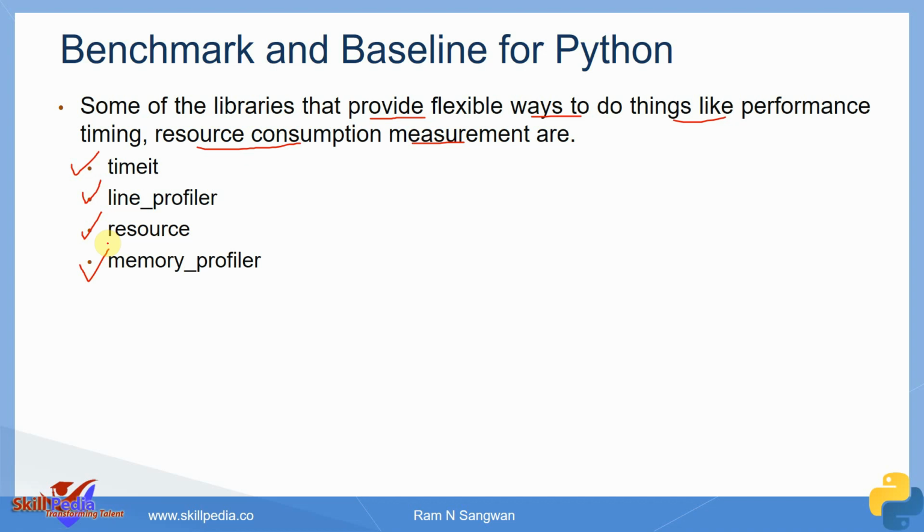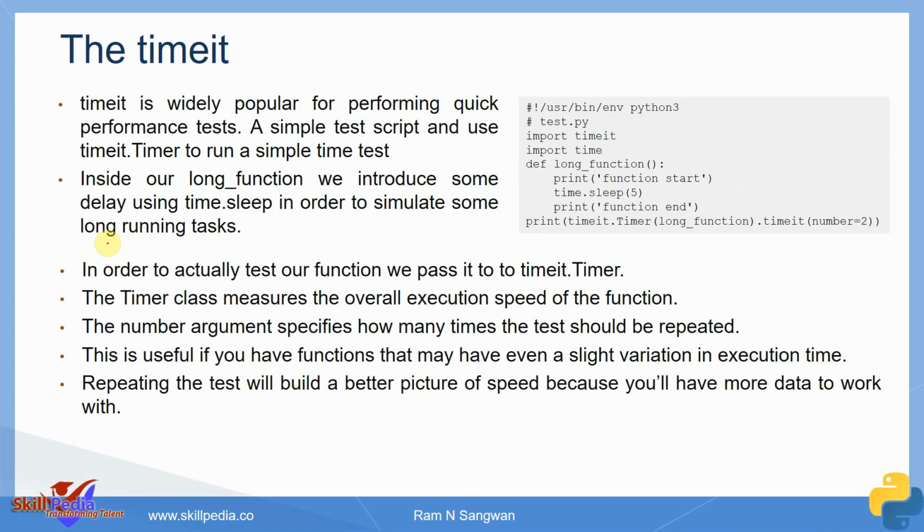It is taking minimum resources, maximum output, minimum CPU time, maximum speed. So these are some of the libraries which help you in testing, benchmarking and baselining your program in Python. Let's understand one by one.